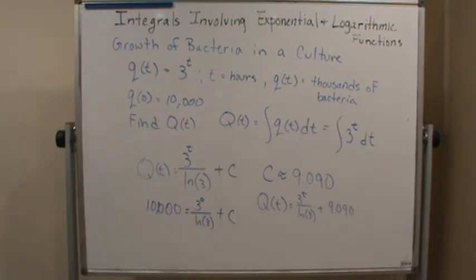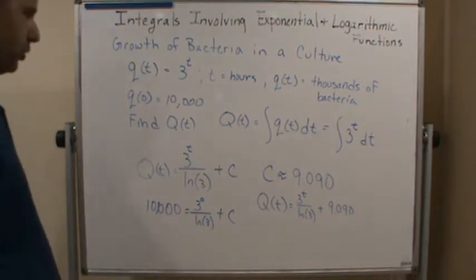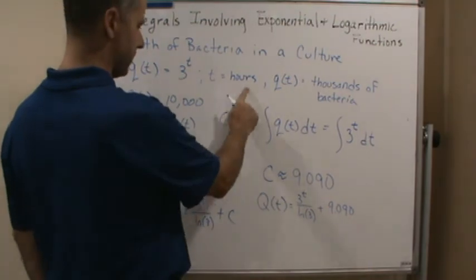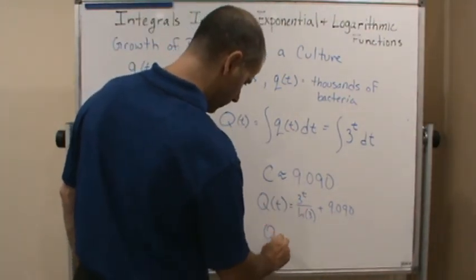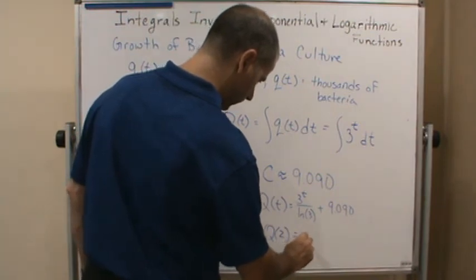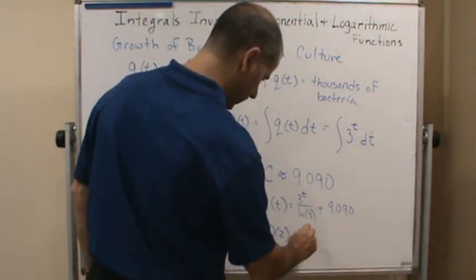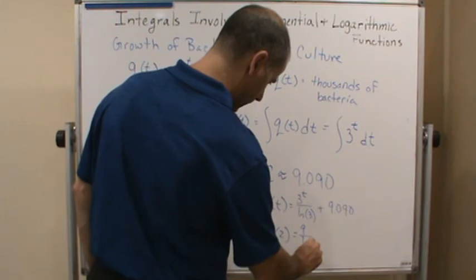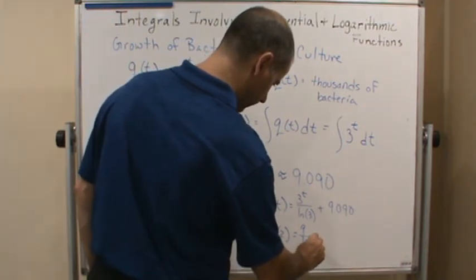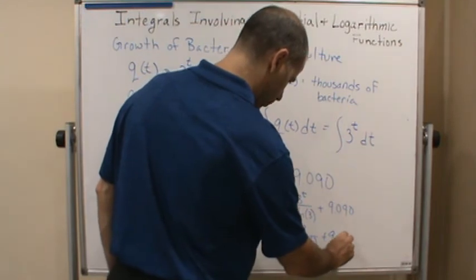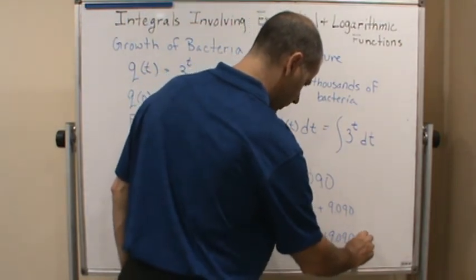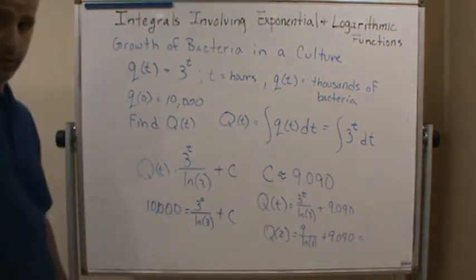And so now we've got the first answer. Now we can find the quantity of bacteria after 2 hours. Because t represents hours, we're going to put 2 in for t. So Q of 2 equals 9 over the natural log of 3 plus 9.09. And remember, this is in the thousands.